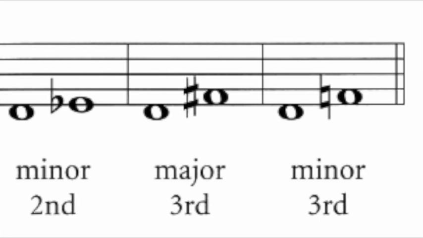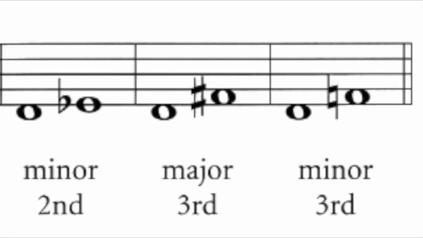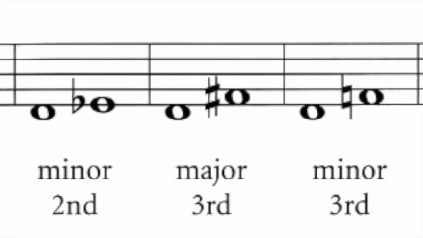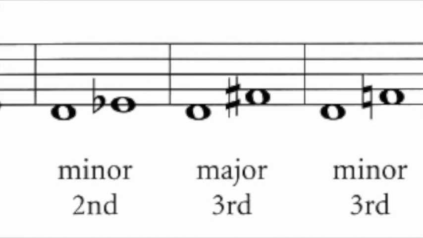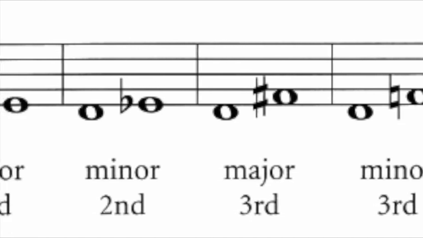In other words, the notes of a minor interval are 1 semitone closer together than the notes of a major interval. So here we have our major second, and if we were to flatten that second, it would become a minor second.